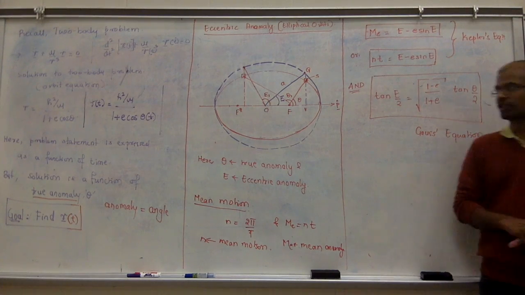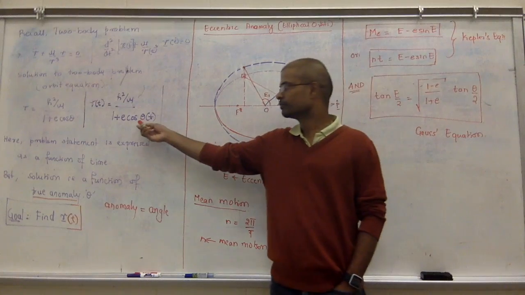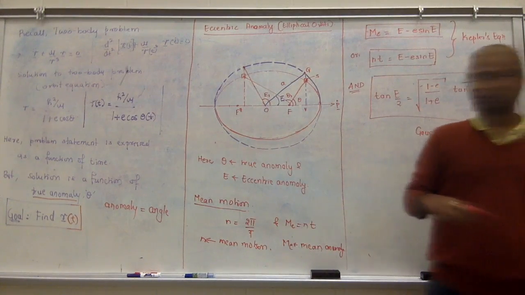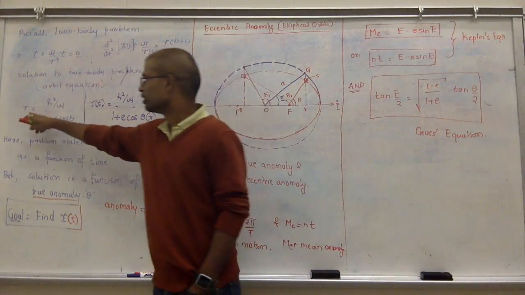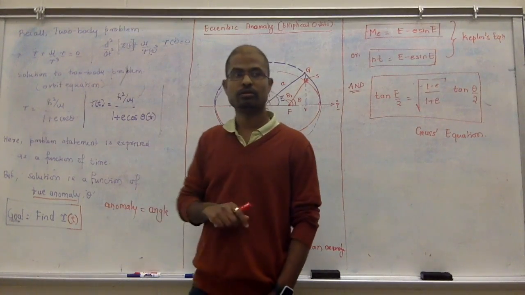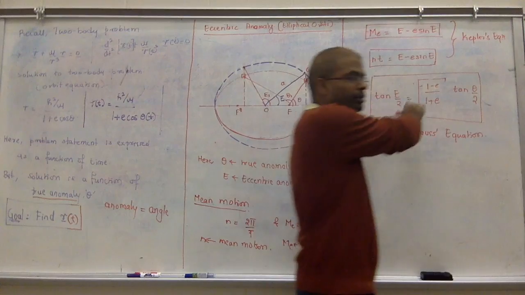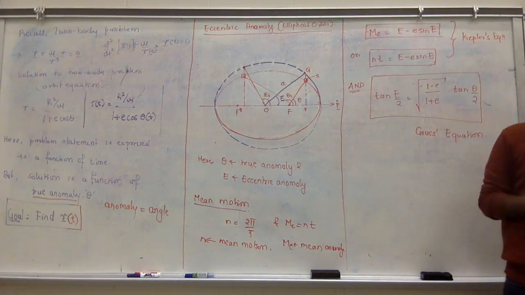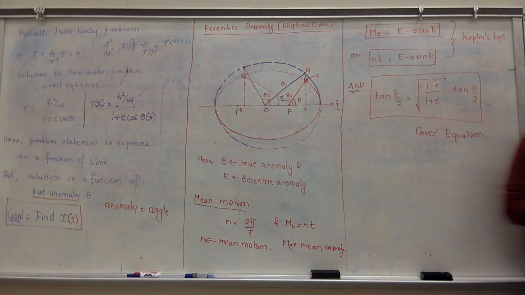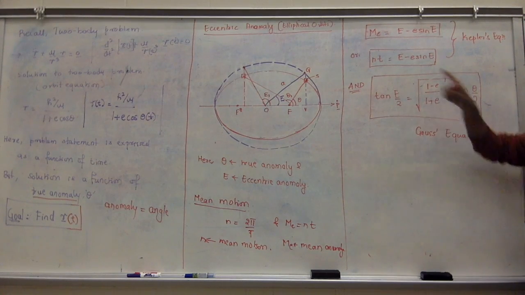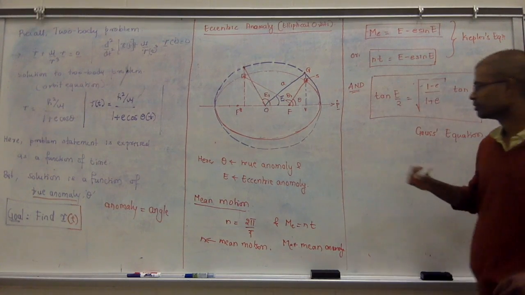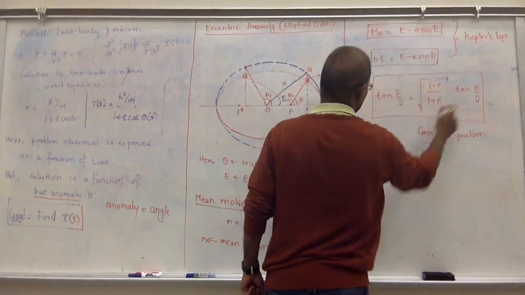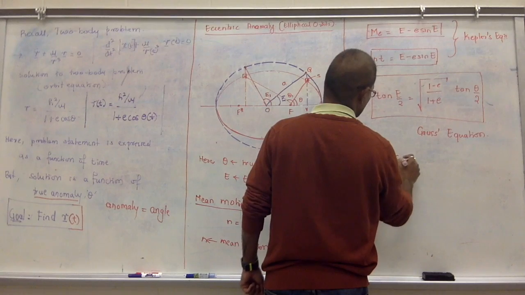Now, so what? In this case, this theta has to be measured every time. To calculate r, to know this r, this theta has to be measured. Here you don't have to measure theta. If you keep track of this time, t, theta is a function of what here? Theta is a function of eccentric anomaly.